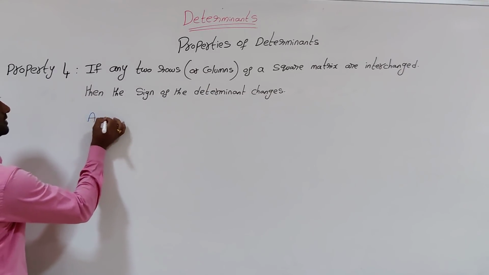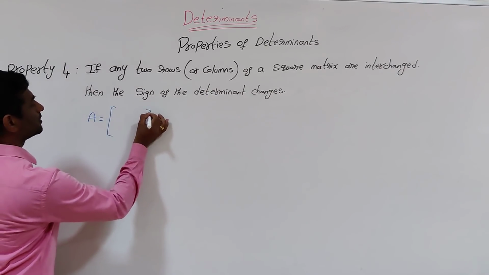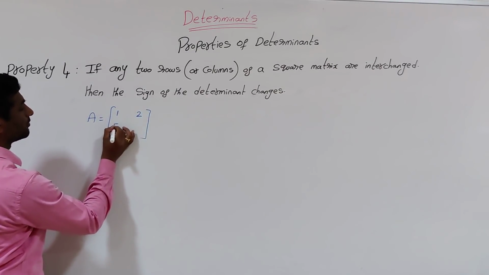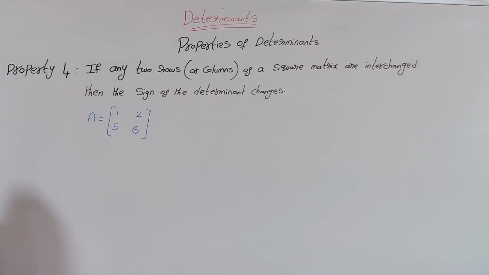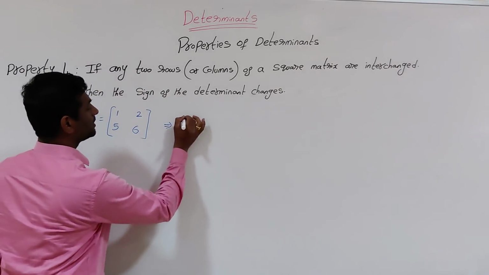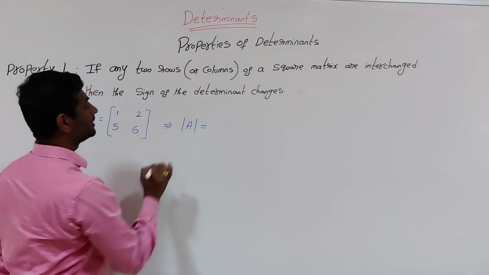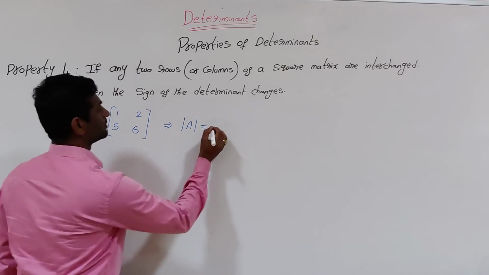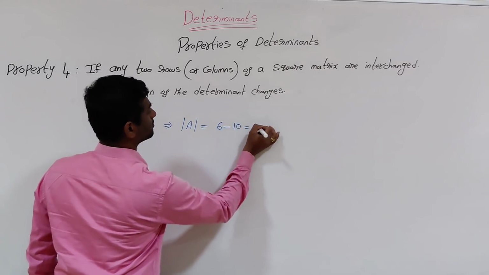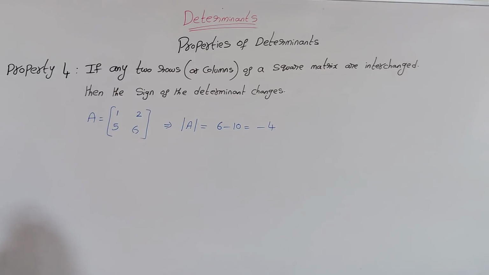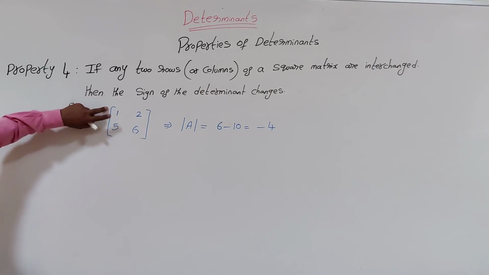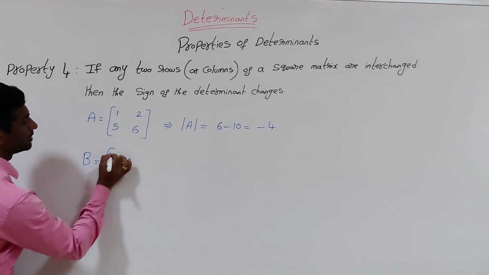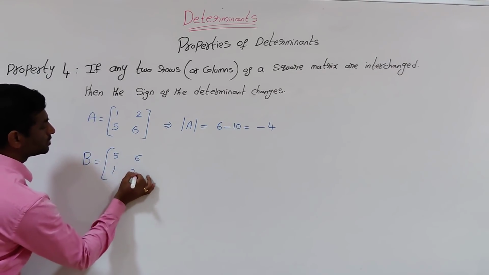If A is a square matrix of order 2, let's say 1 2 5 6, then what is the determinant? Determinant of A is 1 into 6 minus 2 into 5, that is 6 minus 10, that is minus 4. Now, as per this property, if I interchange the two rows, B is equal to 5 6 1 2.